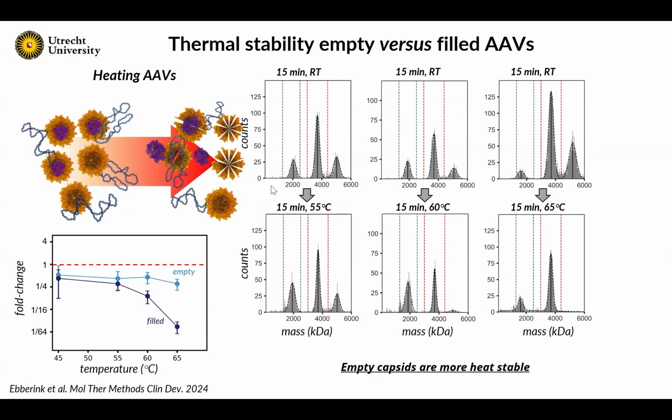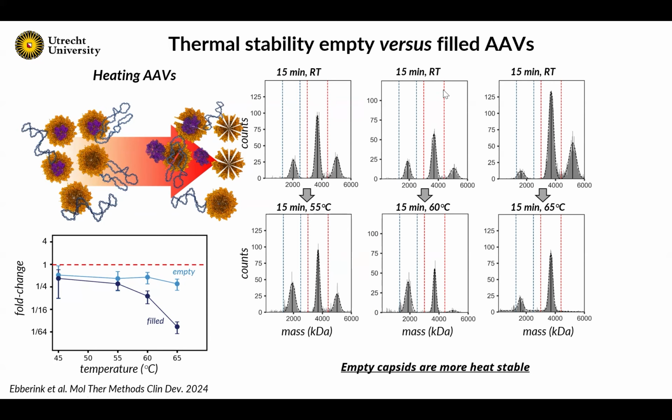Well, we again did our measurement at different temperatures. On top here are all the times that we first incubated at room temperature, and then below, after heating up the sample, we measured the same sample again. At 55 degrees, we see our empty particles and our filled particles, and not that much is happening to either of them.